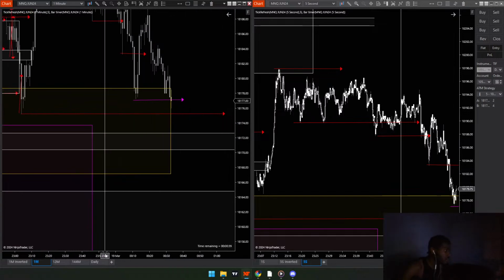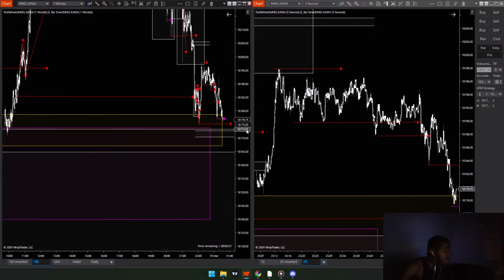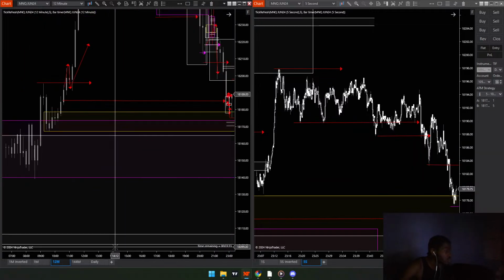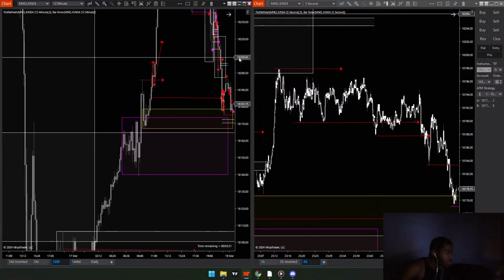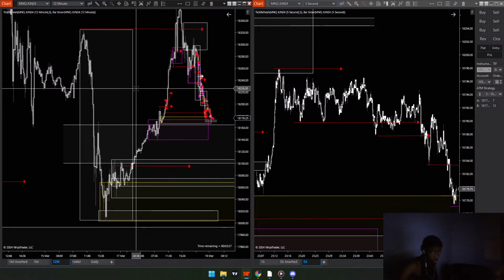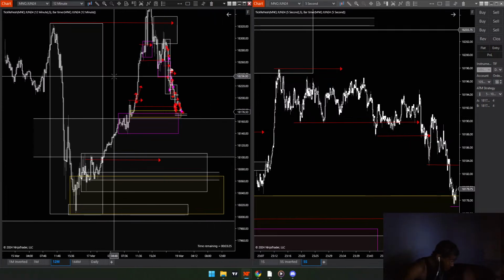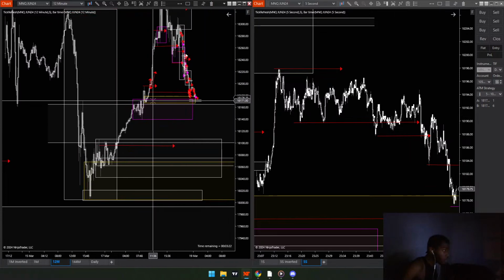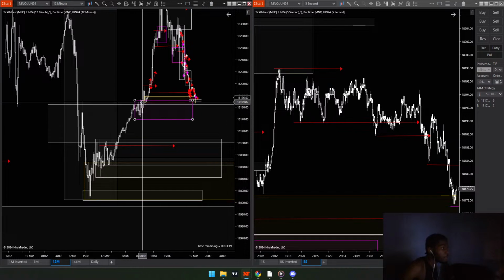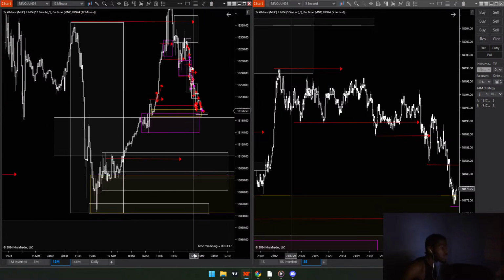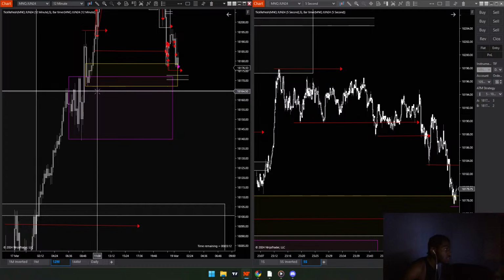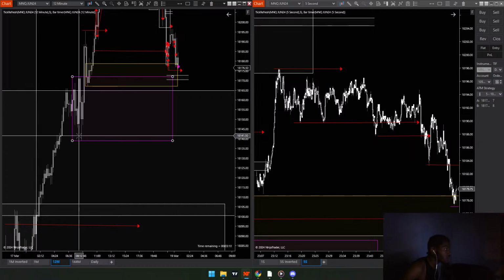At the same time, we are just above the 50% of the higher time frame range. That's why I'm willing to risk it, because there's times where price doesn't always get to the 50. It leaves you. But as you can see, this is me minimizing my risk to the max. Because look, if this zone gets broken, I best believe all this is gone.